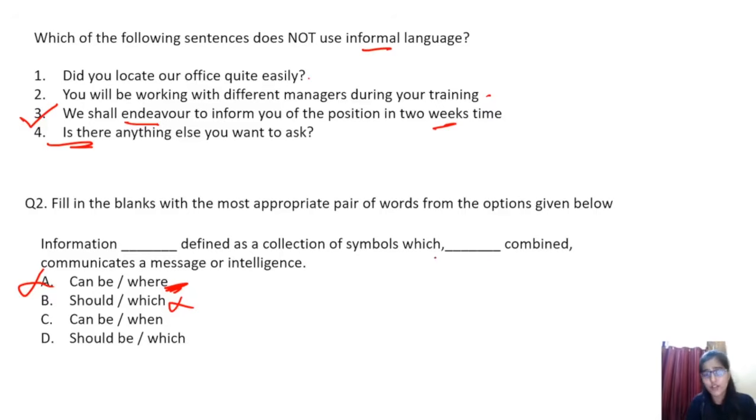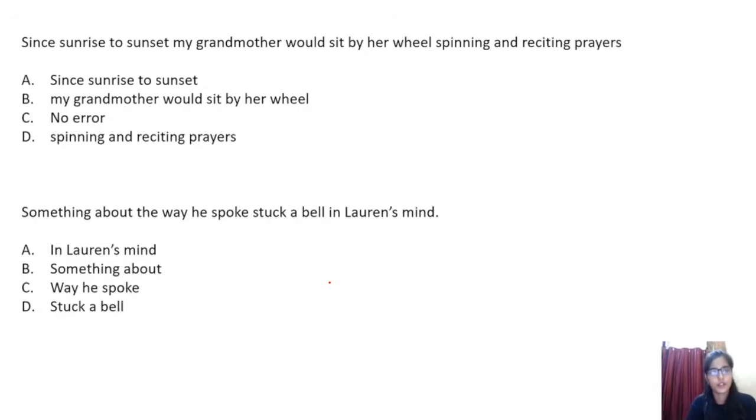Can be defined as a collection of symbols which when combined... okay. Should be defined as a collection... it's not like there's a specific definition of information, so we cannot go with the "should be" part. That's why option C will be the correct answer: information can be defined as a collection of symbols which when combined communicates a message or intelligence. So option C will be the correct answer for this.